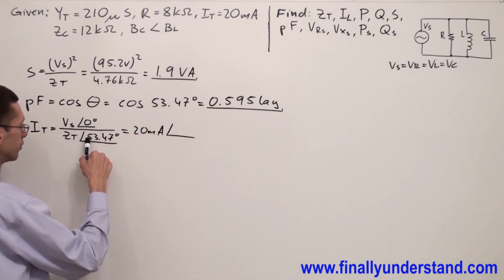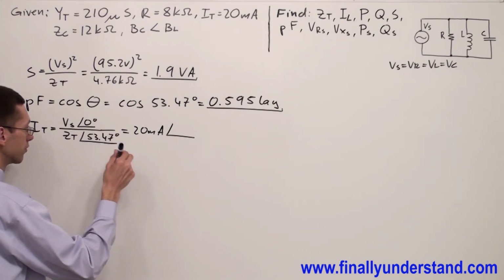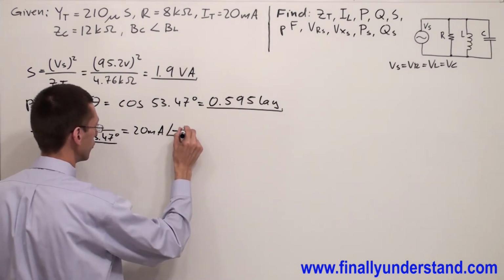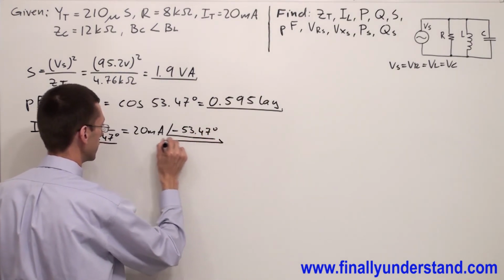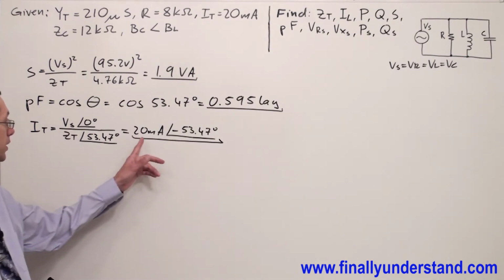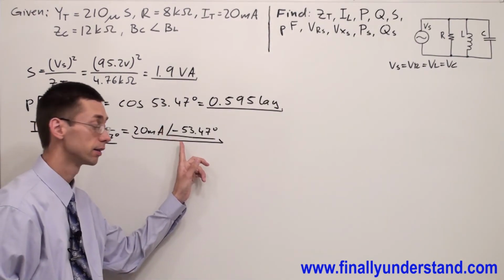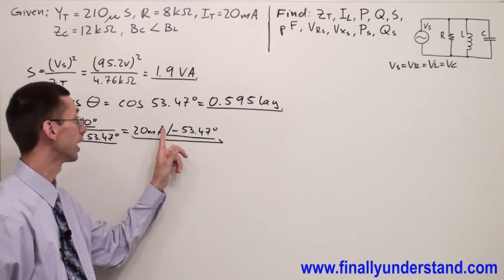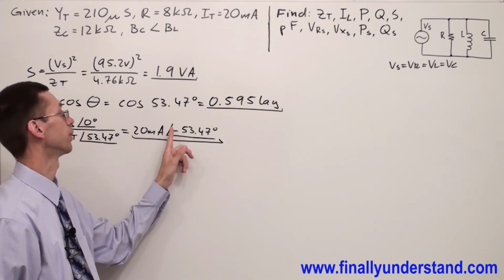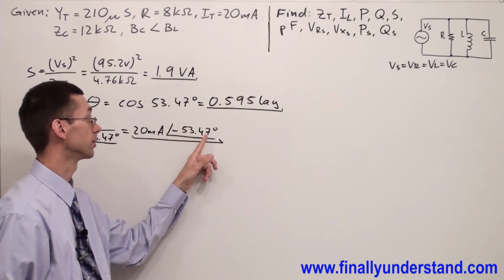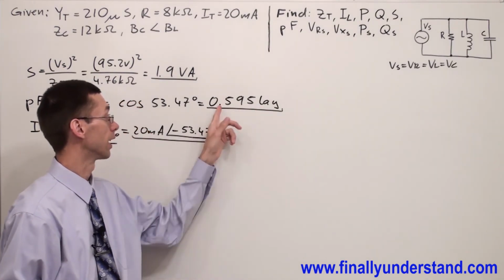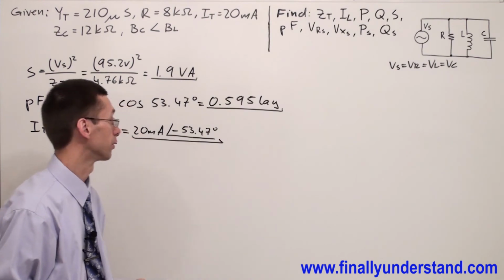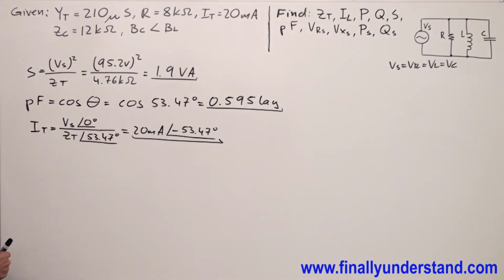So 0 minus 53.47 degrees is negative 53.47 degrees. So basically it means that my current, I total, is going to lag my voltage source by 53.47 degrees. That's why I'm supposed to write the word lag next to the value of power factor. Okay, so this is why we have lag up there.